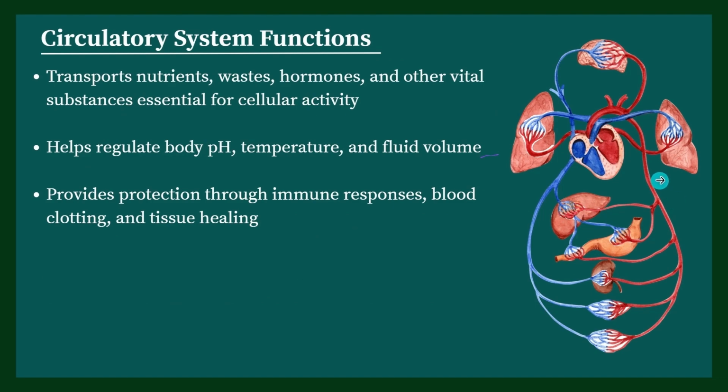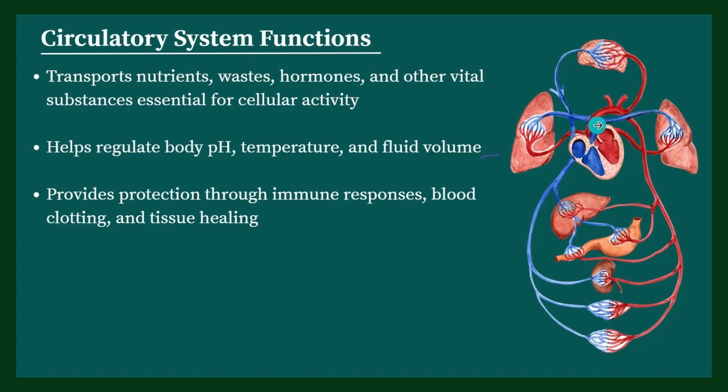Okay, so what does the circulatory system do? Watch out for these kinds of questions for the MBLEx. You are expected to know what each system does for the whole body. So it transports nutrients, wastes, hormones, and other vital substances that are essential for cellular activity. So it is the highway that takes everything around.